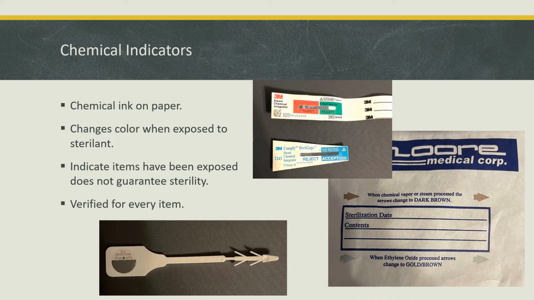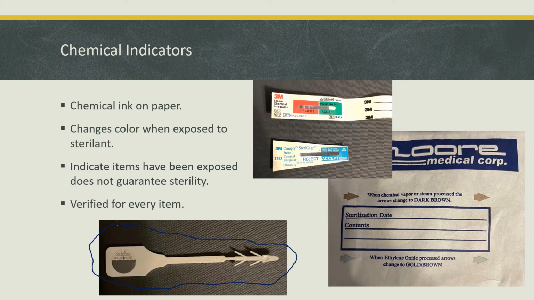All right, chemical indicators. Here are a few different examples. There are many, many more. If you've seen wrapped items, the tape has a striping on it that changes color. Here at the bottom, this arrow is a tamper-evident arrow that goes into a Genesis-type brand of sterilization case.